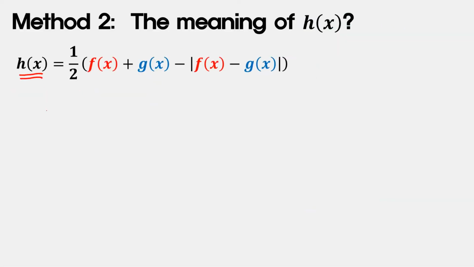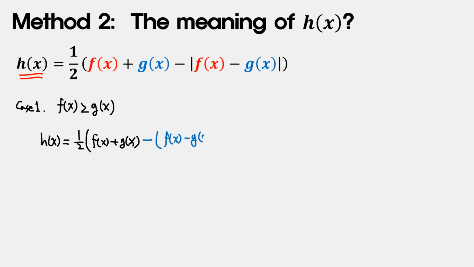Now, what does this function h(x) mean? Here, let's divide cases like this. First, if f(x) is equal to or greater than g(x), then h(x) is equal to 1/2 times (f(x) plus g(x)), and we have minus (f(x) minus g(x)) here. So here, f(x) cancels out, and we simply have g(x).